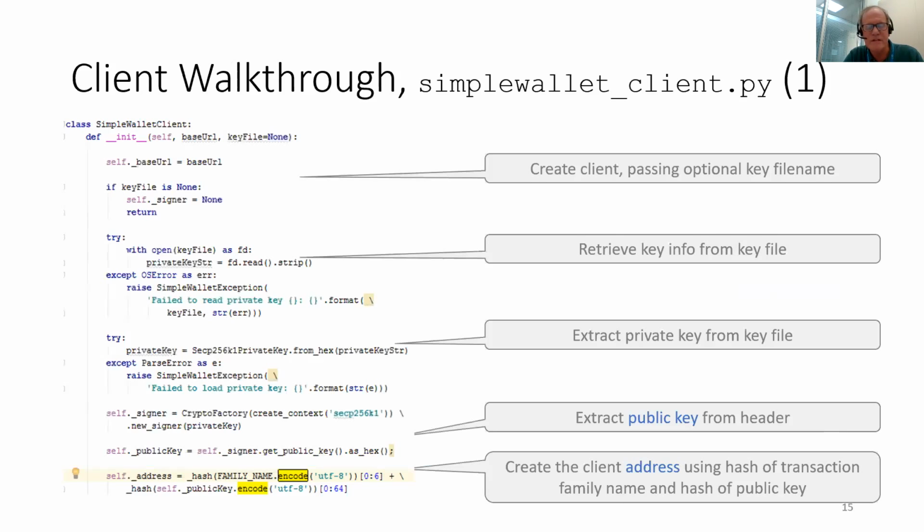So the address for a SimpleWallet object is the 6 hex character prefix, which is always the same for SimpleWallet transaction family objects. That is, it's the first 6 hex characters of the hash of SimpleWallet. Then the remaining 64 hex characters are the truncated SHA-512 hash of the public key used for that wallet.